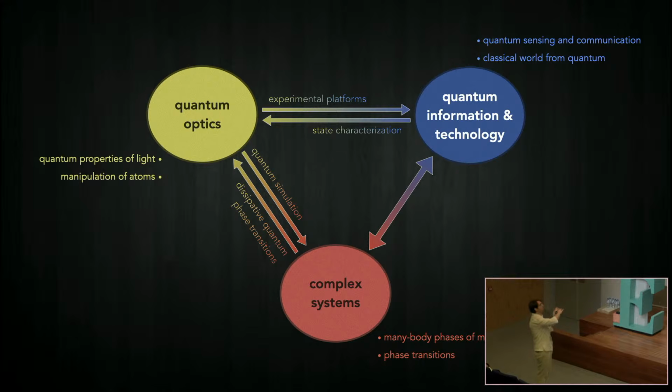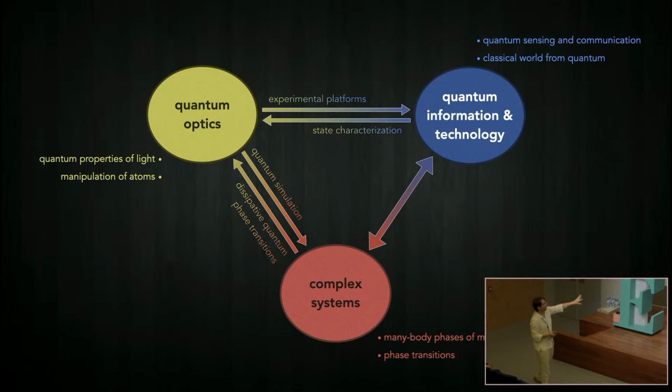And then it's very nice the connections that we have between them, okay? Because quantum optics provides kind of the experimental platforms where to implement quantum technologies, but at the same time, the theory of quantum information provides all the mathematical tools to characterize the quantum states of light and atoms and so on, okay? And similarly, quantum optics provides the platforms and, let's say, the driving ideas for simulating complex systems that we cannot access in the lab easily in the form of condensed matter.